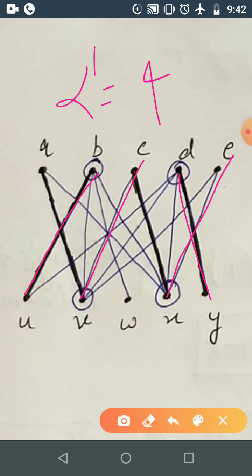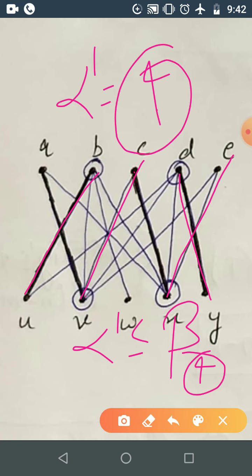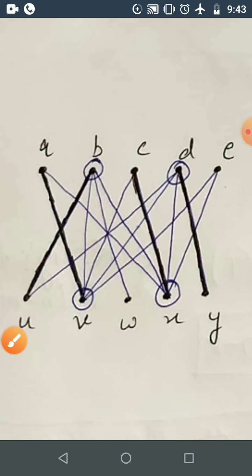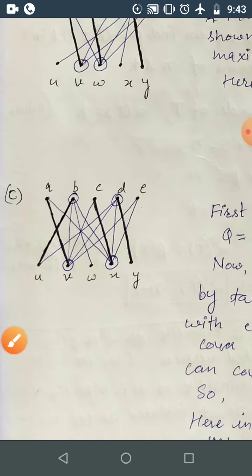Okay, because alpha dash is less than or equal to beta, and beta we got 4, and here one matching we have shown that exists with 4 cardinality, correct? So obviously it will be maximum matching because this can't exceed beta. Okay, so this is all about question number 1.